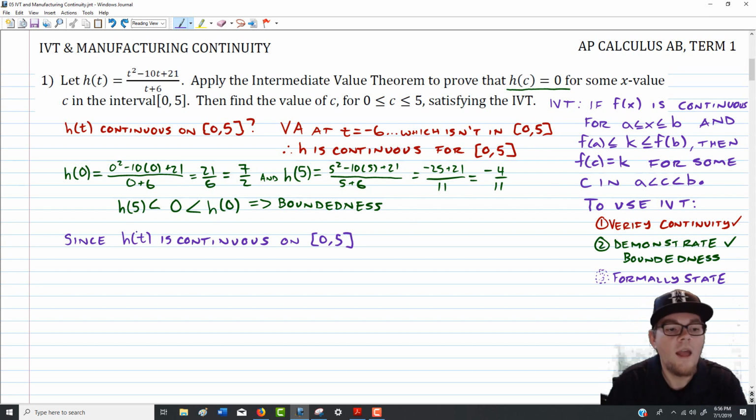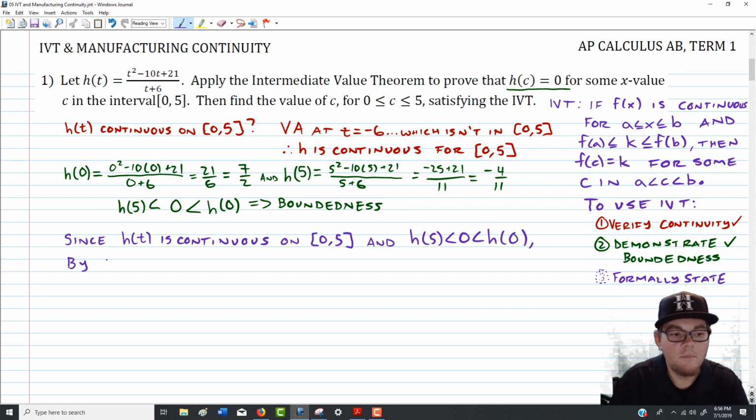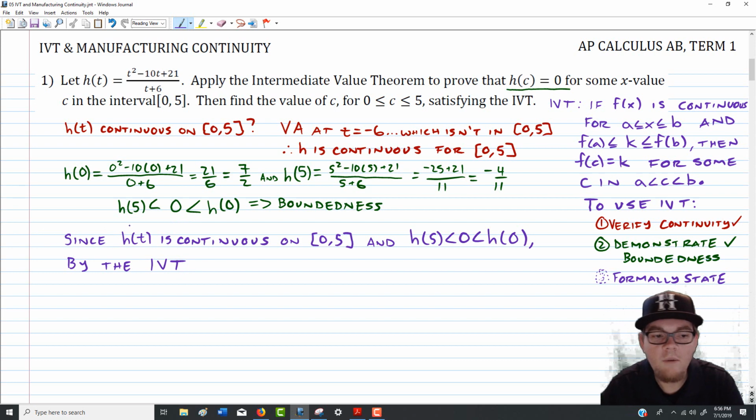And since h of t is continuous on 0 to 5, and h of 5 is less than 0 is less than h of 0, by the intermediate value theorem, and I'm going to abbreviate IVT here. I'd love if you wrote out the words, but bear with me for the moment. Look at how we just did this.